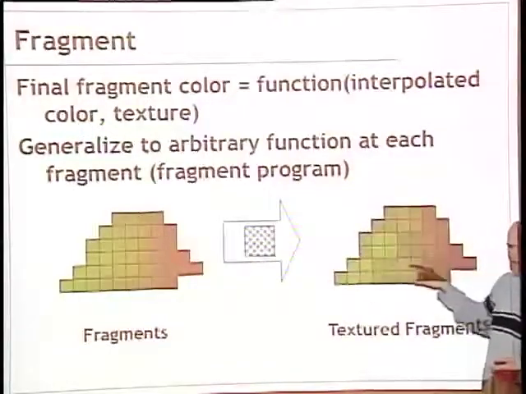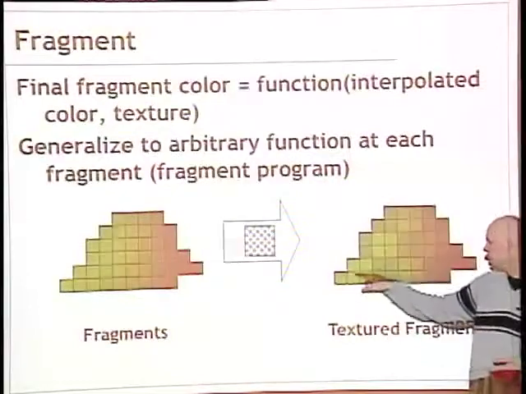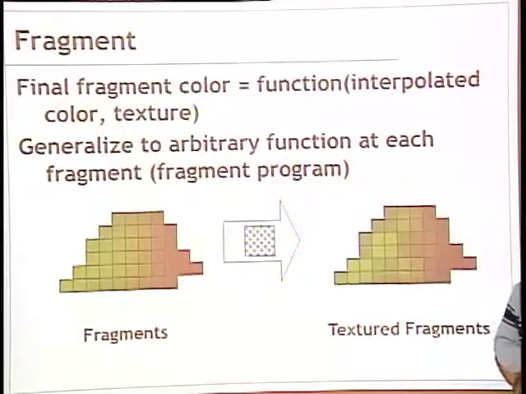You only have 3 points if you do texturing at the vertex stage. So what you really want is to compute something at every fragment, because only that's going to give you the high-frequency information. That's a decision that the OpenGL folks made. They could have said, all right, we're going to texture at every vertex. That would have motivated having very small triangles because you want to be able to get high-frequency information. But there are other interfaces that do texture at vertices. OpenGL is just not one of those.